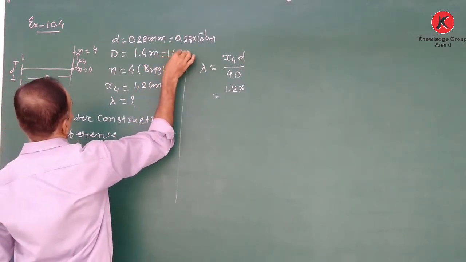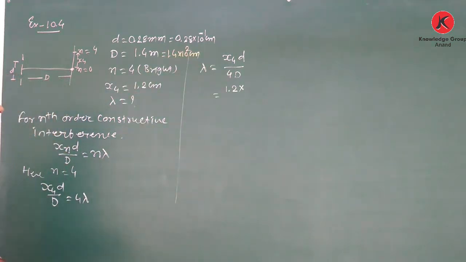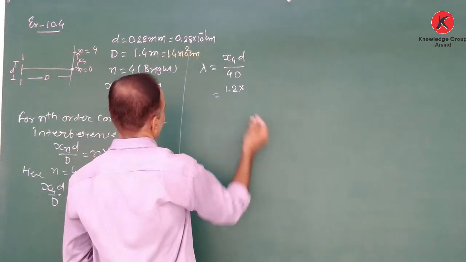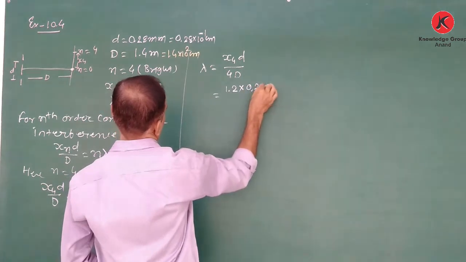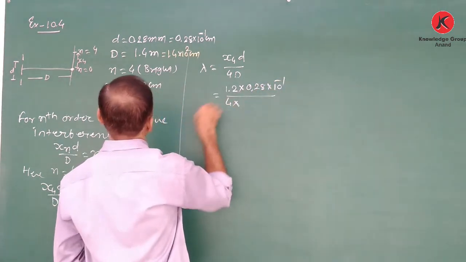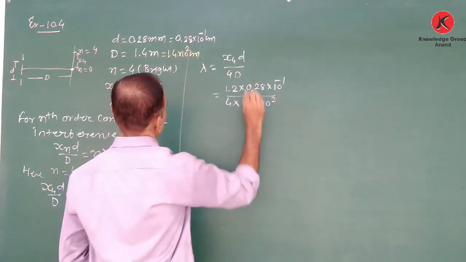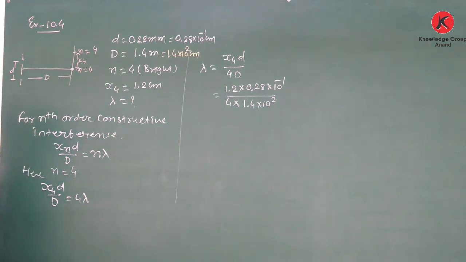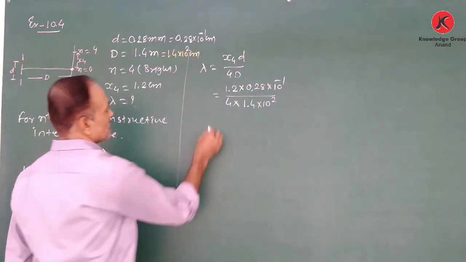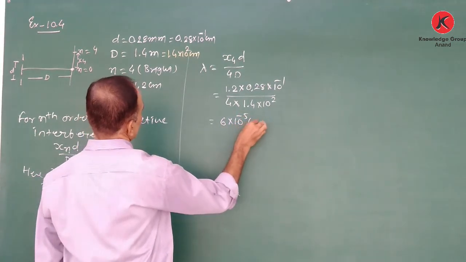So 1.4 into 10² centimeter. Substitute these values: 0.28 into 10⁻¹ upon 4 into capital D, 1.4 into 10². As we simplify this, we obtain 6 into 10⁻⁵ centimeter.